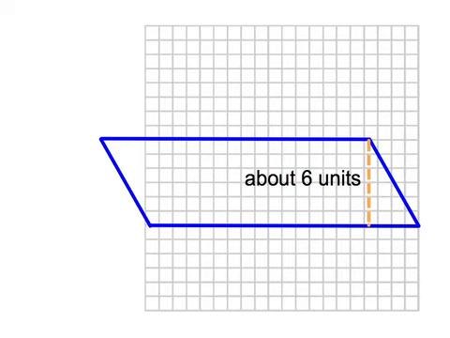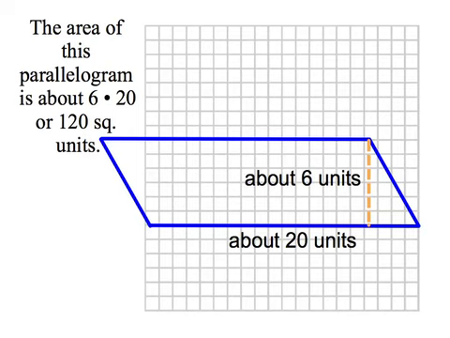Now we're going to use the grid to measure out this long side, and it looks like it's about 20 units. Well, 6 times 20 is 120 square units. But that's not exactly the same answer. We got 119 square units when we used the short side as the base. But on further examination, we can see that we rounded to get 20 units.